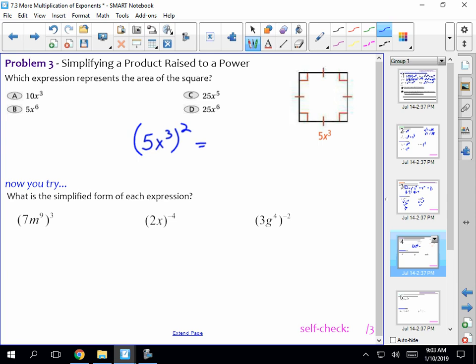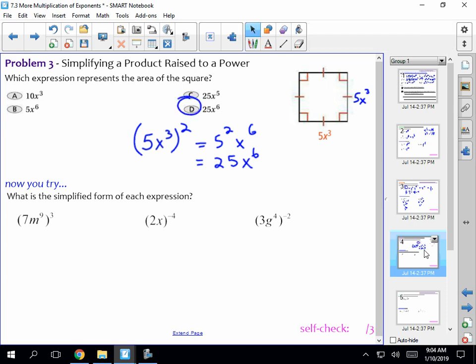There would be a 5x cubed here, and there would be a 5x cubed here. So it's going to be 5 to the second, and then x to the 6th, right? And 5 to the second is 25 x to the 6th. So 25x to the 6th is answer choice D. Okay. So what these are dealing with, and I'm going to do one more of them here, I think I'll do this last one, is when you have a number paired with a letter.